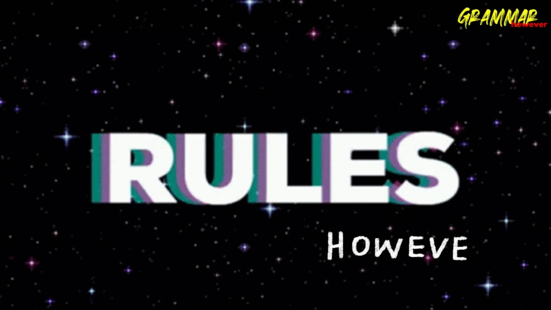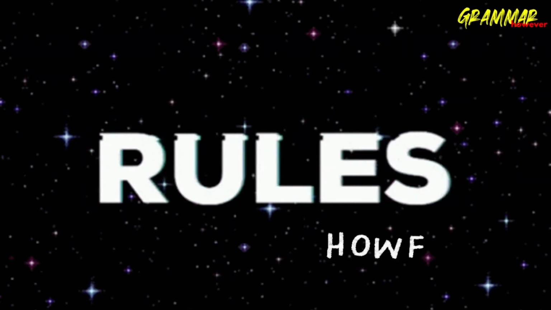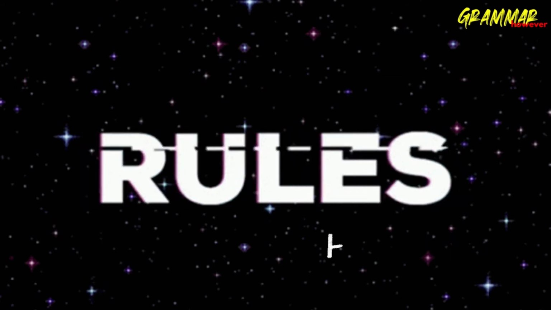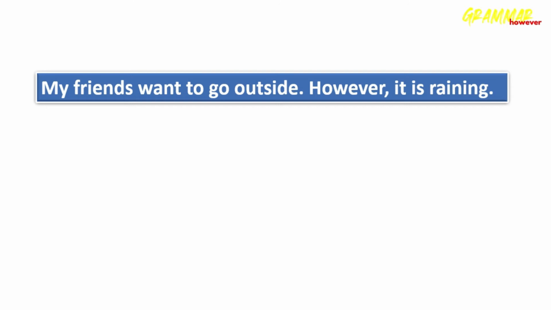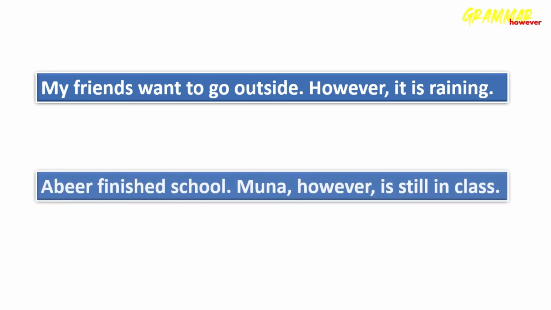Now let's look at some rules on how to use however. My friends want to go outside. However, it is raining. Abir finished school. Muna, however, is still in class.